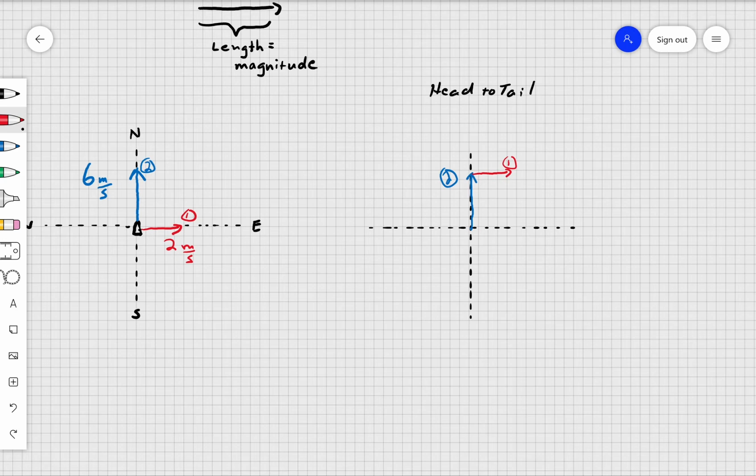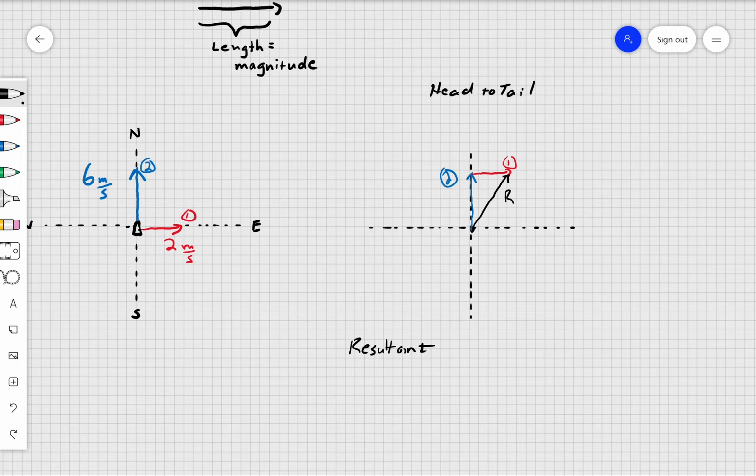Now, once we have done that, the sum when we add vectors is known as the resultant. The resultant is represented on our graph from the origin to the head of the second vector that we placed. I began with vector 2 and placed vector 1 second, but this is our resultant.